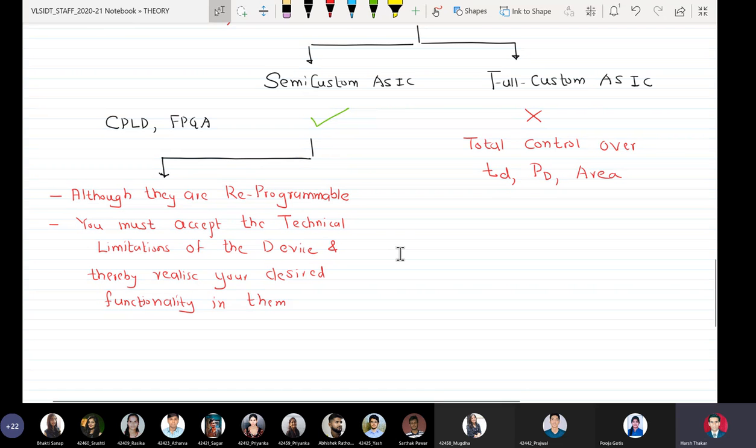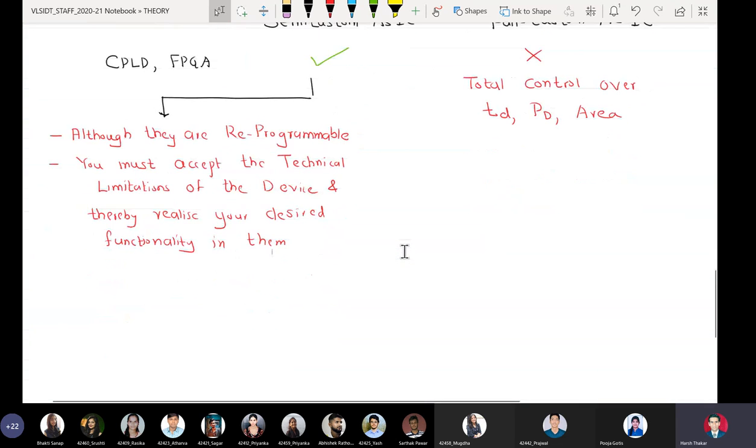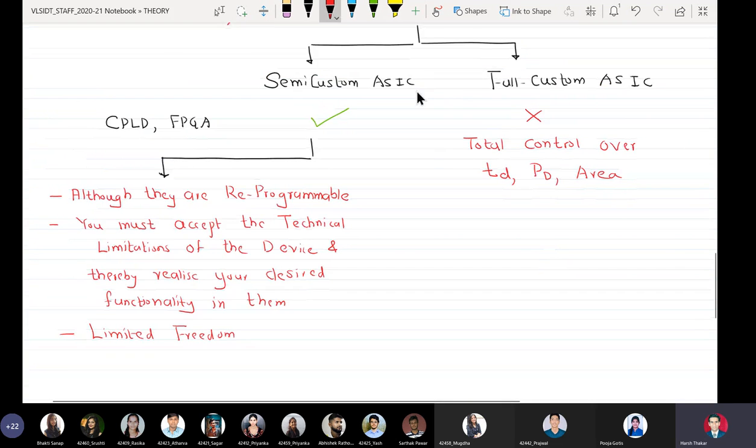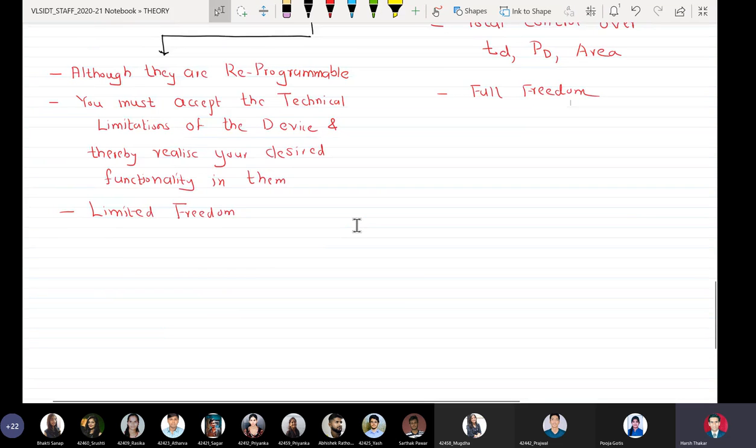That is why they are called semi-custom ASICs. Okay, so they have limited freedom. Semi-custom ASIC. Okay, so here we can say that you have full freedom. Fine. Okay.